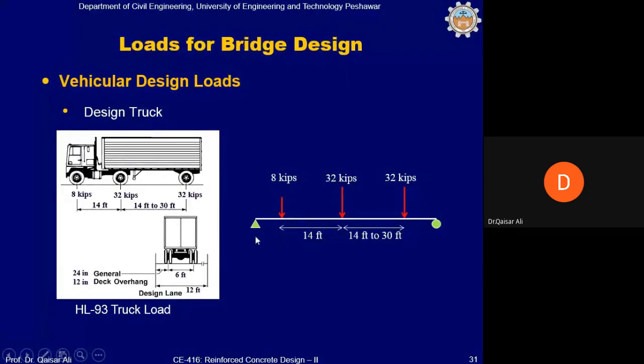If we want to apply these axle loads in a one-dimensional bridge model, they are shown on this line.